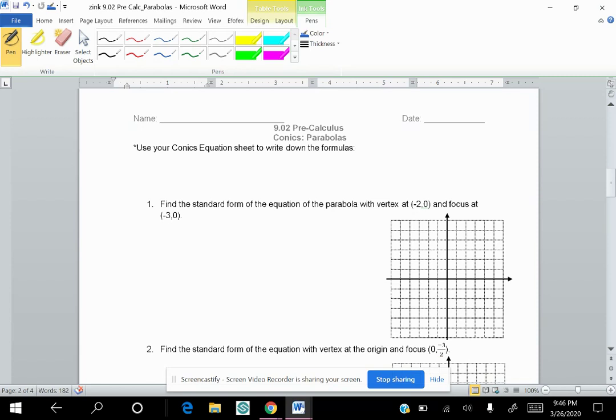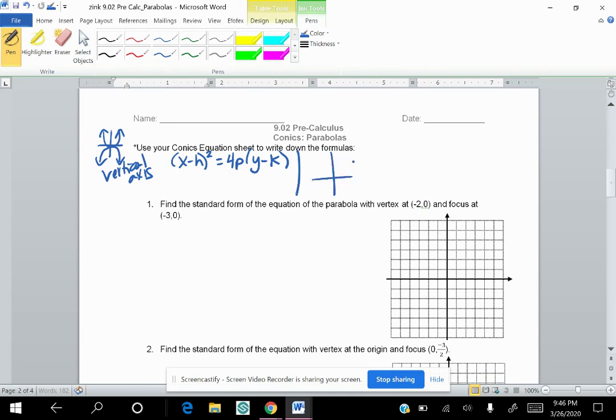And let's just write out what those formulas are so we have them right here as well. So we've got x minus h quantity squared equals 4p times y minus k. So here's your x squared, which means it's going to either open up, like we've always known y equals x squared, or down. So that means it has a vertical axis.